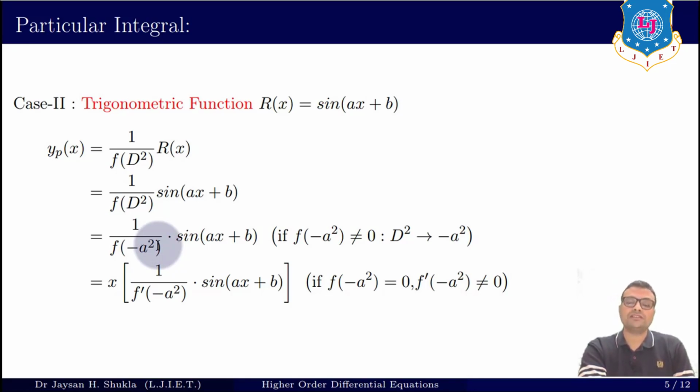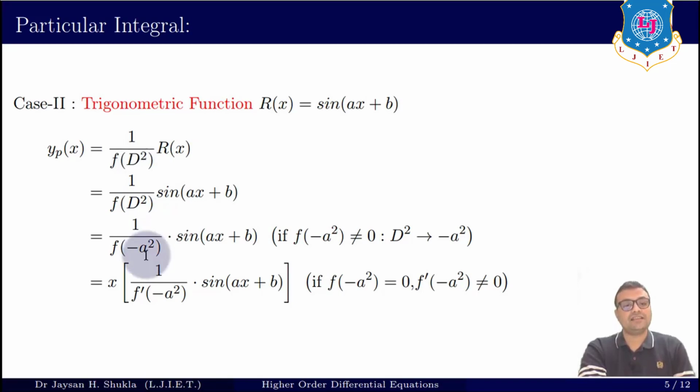If it is equal to 0, then we have to follow the same technique. Multiply outside by x, take derivative of this with respect to D square or with respect to D, and then replace everywhere D square by minus a square. Let me repeat once again. 1 upon f of D square is replaced by minus a square.